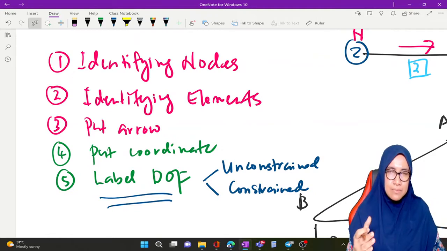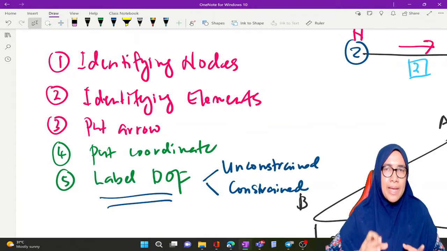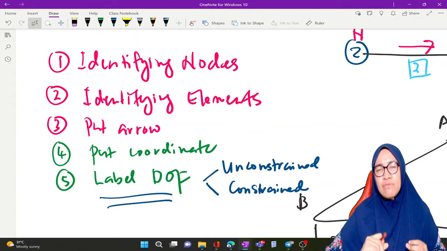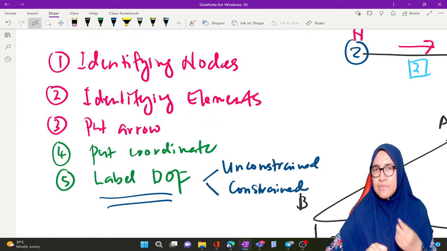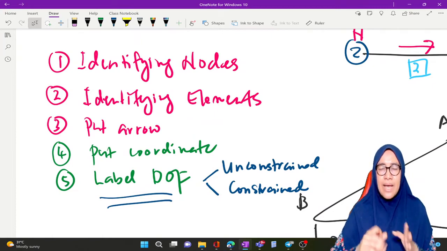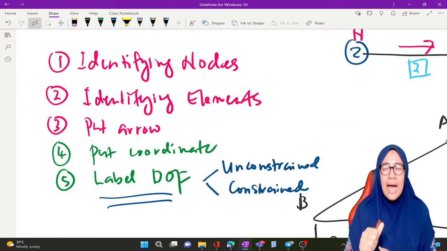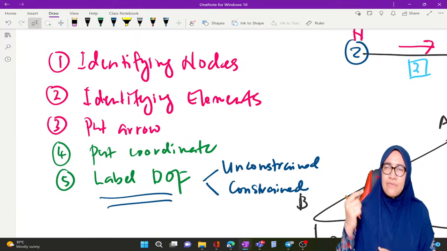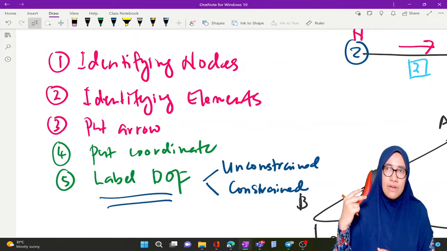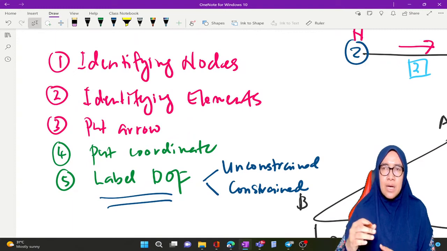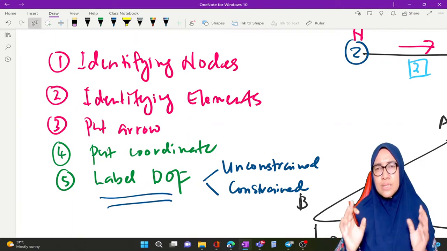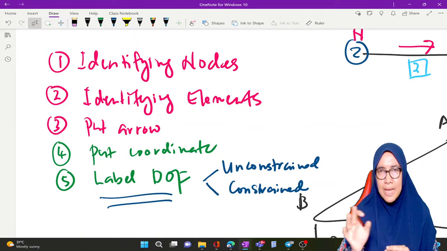Next I want to explain about the degree of freedom. Understanding the degree of freedom is very, very important, because the analysis of truss, beam, frame, as well as composite structure, the procedure is all the same for all types of structure.